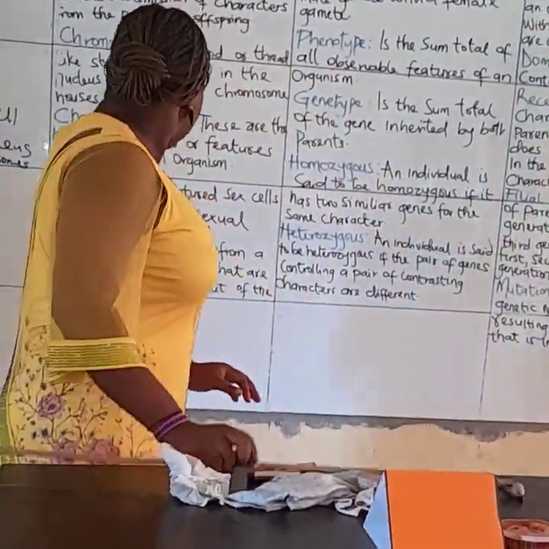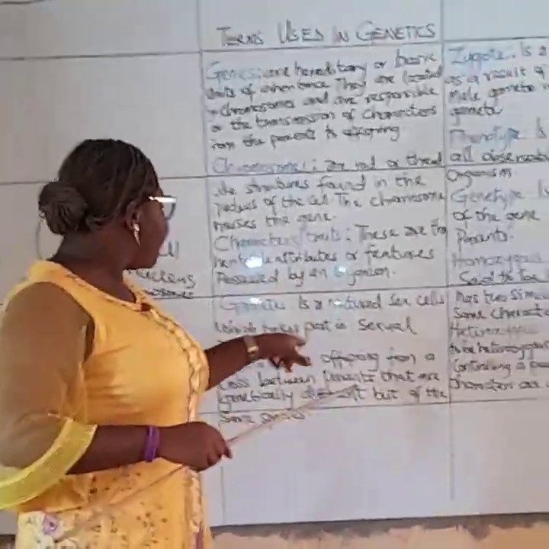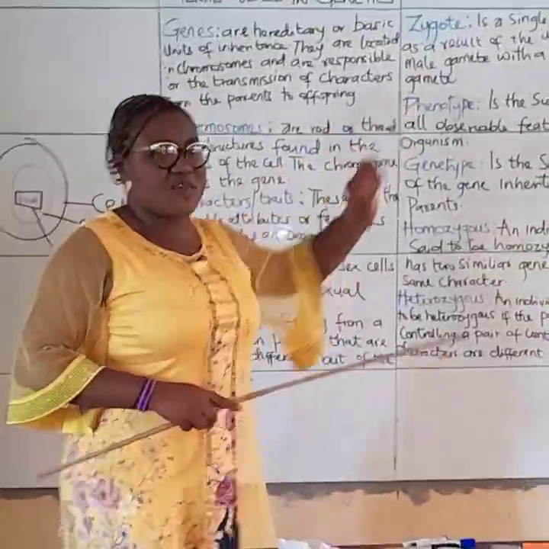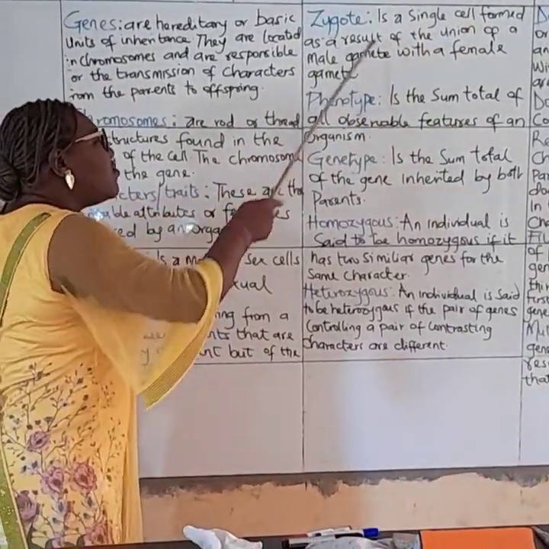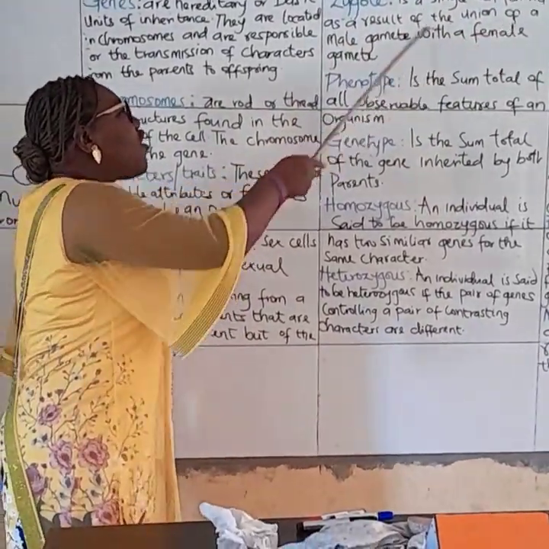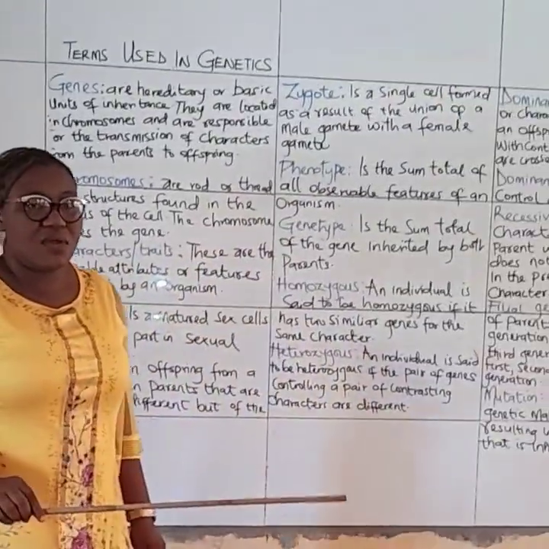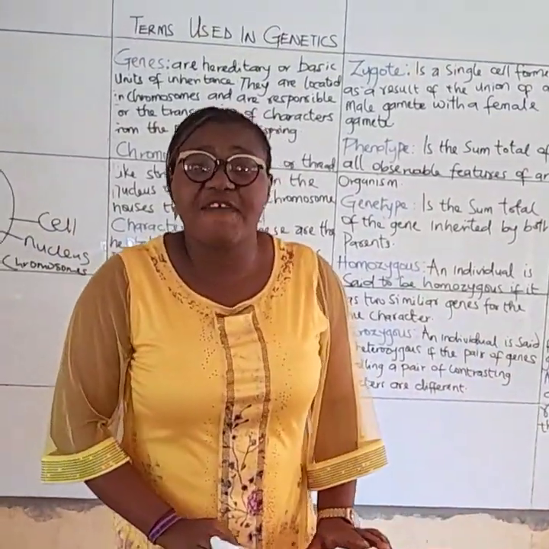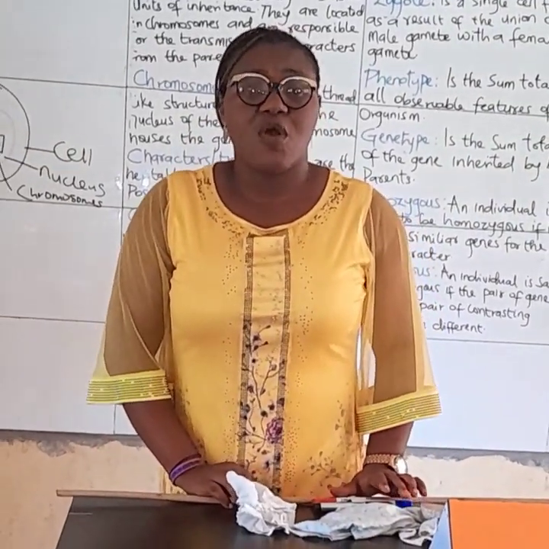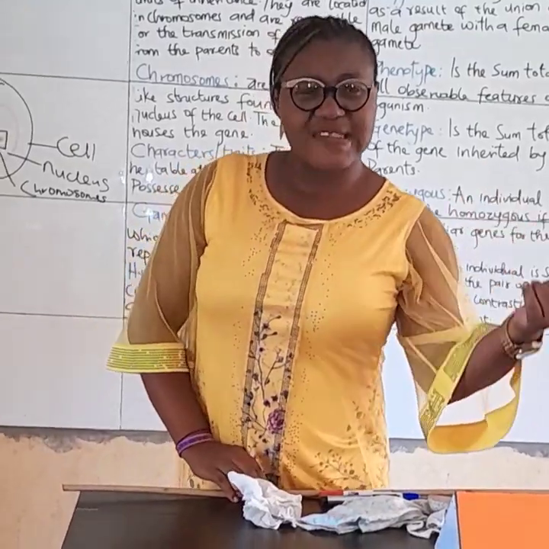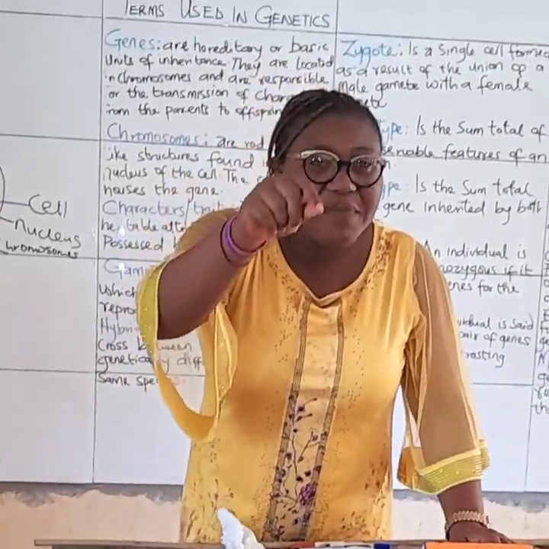Then we now look at another terminology. Before I talk about this hybrid, I want to talk about zygote. A zygote is a single cell formed as a result of the union of a male gamete with a female gamete. Remember, fertilization takes place in the fallopian tube. When the male gamete and the female gamete fuse together, what they will form is a zygote.